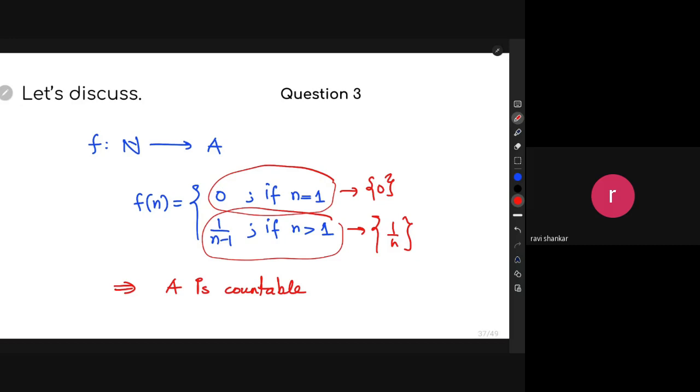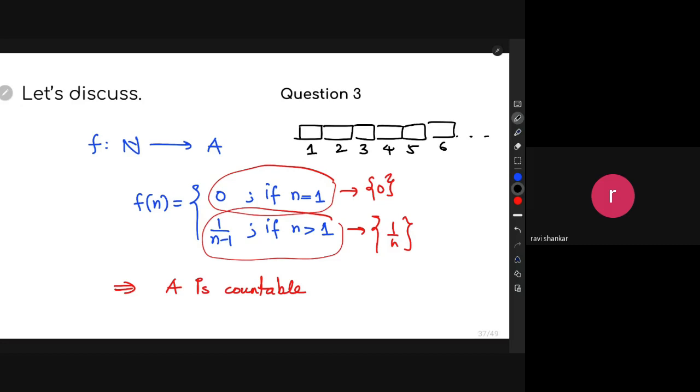Is it still clear, or is there some doubt? I think you are having doubt in the second part. I can explain it more simply. You want to list out the values: first place, second place, third place, fourth place, and so on.